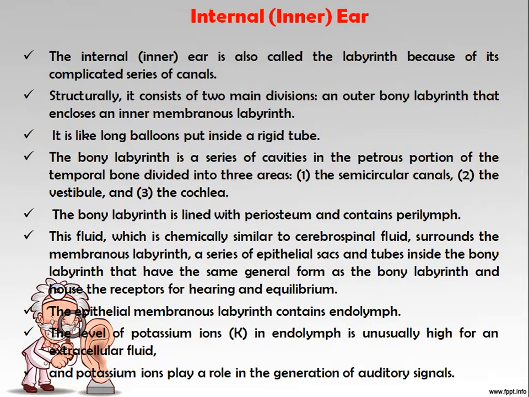This fluid, which is chemically similar to the cerebrospinal fluid, surrounds the membranous labyrinth, a series of epithelial sacs and tubes inside the bony labyrinth that have the same general form as the bony labyrinth and house the receptors for hearing and equilibrium. The epithelial membranous labyrinth contains the endolymph, and the level of potassium ions in the endolymph is usually high for an extracellular fluid, and potassium ions play a role in the generation of auditory signals.